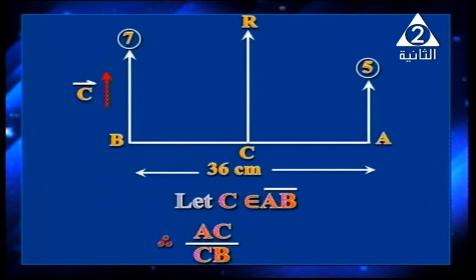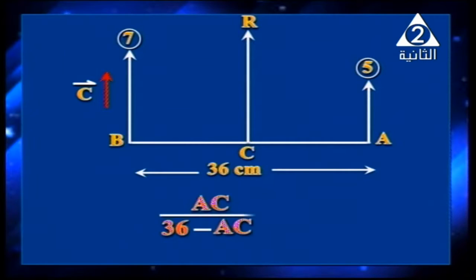AC over CB equals 7 over 5. Why? Because of the inverse ratio. AC over CB equals 7 over 5.